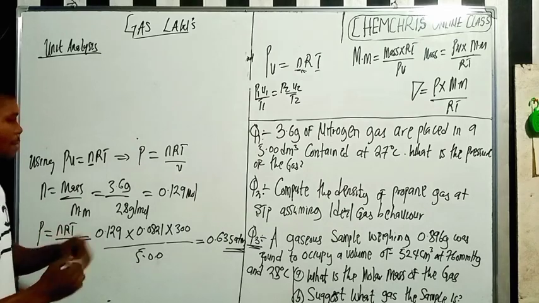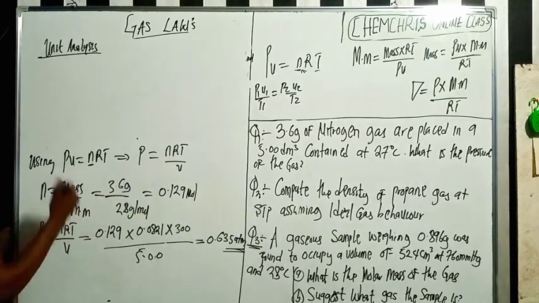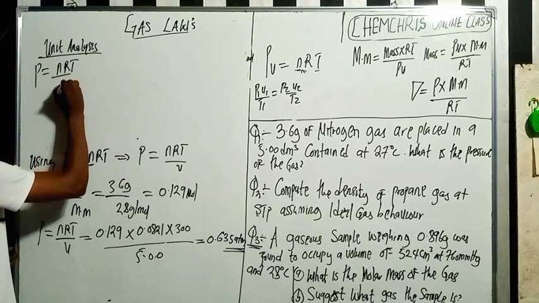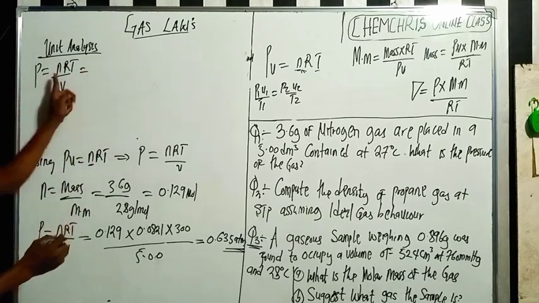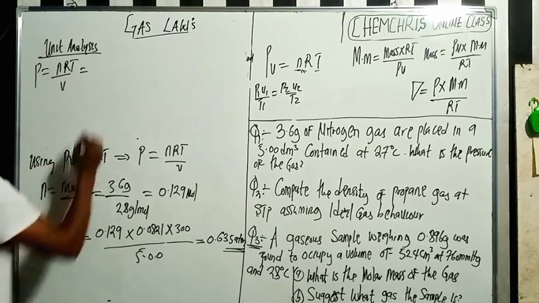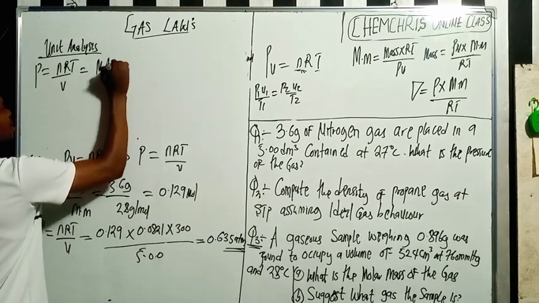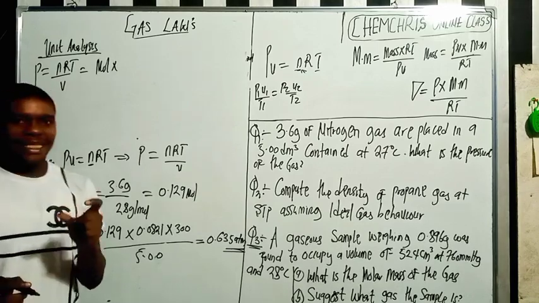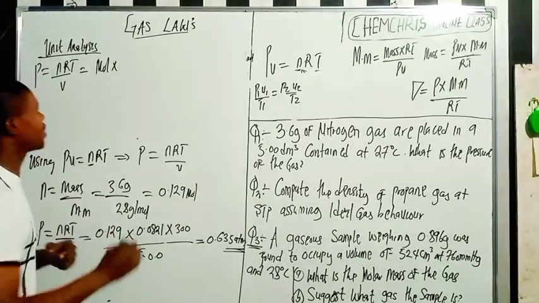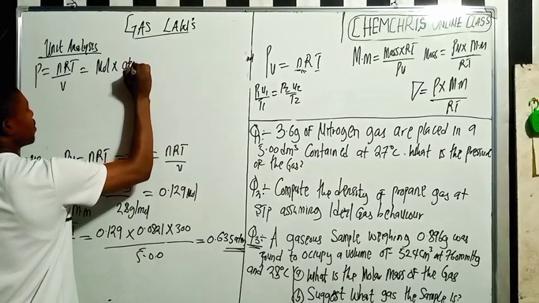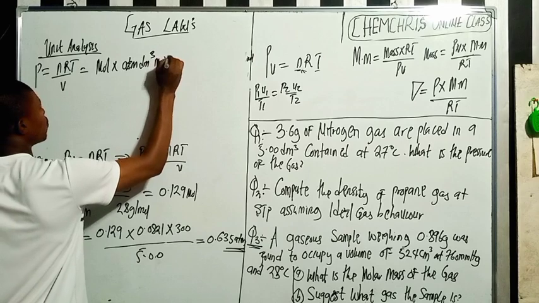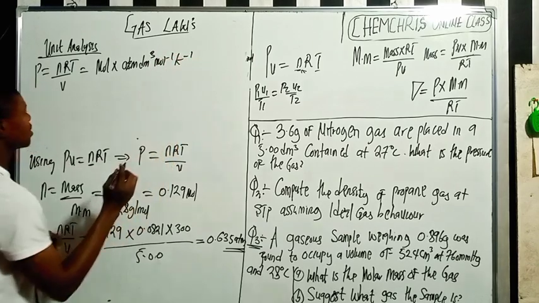Unit analysis. Here we use this formula, right? P equals nRT over V, right? So now, what is the unit of n? n is mole, right? Times. What is the unit of R? R is atm liter per mole per Kelvin. So it's going to be atm dm cube per mole per Kelvin, right?